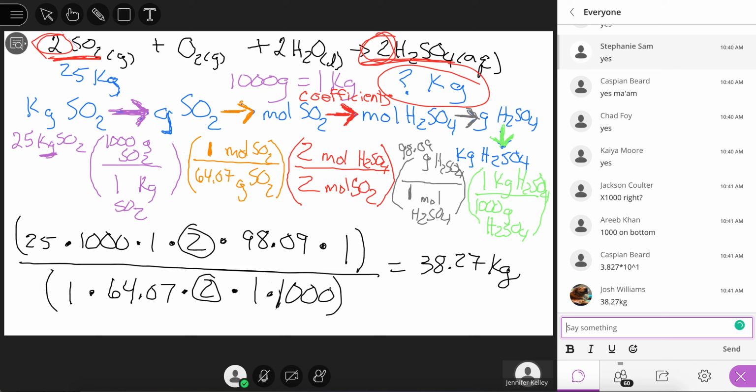All right. So if we start out with 25 kilograms of sulfur dioxide, if everything goes the way it's supposed to in the reaction, we would get 38 kilograms of sulfuric acid. Now here's a question. If I start out with 25 kilograms here, where do I get the rest of it to get the 38 kilograms?